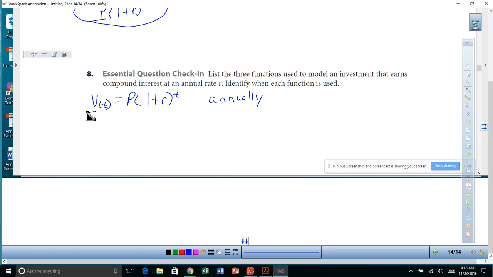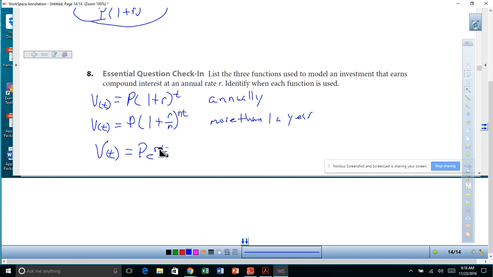Now, if it's compounded more than once a year, any other way than annually or continuously, you want to use 1 plus r over n to the nt power. And if it's going to be continuously, you're going to want to use p times e to the rt, and that's for continuously.